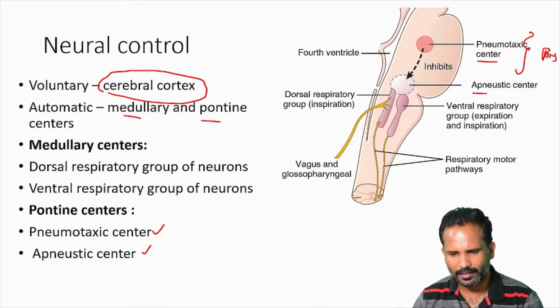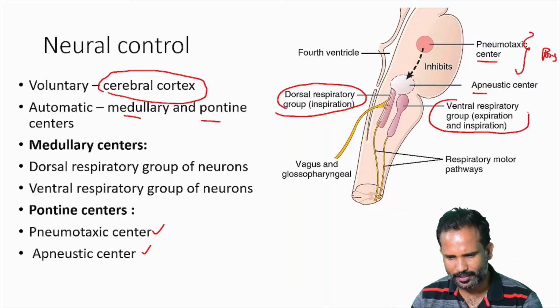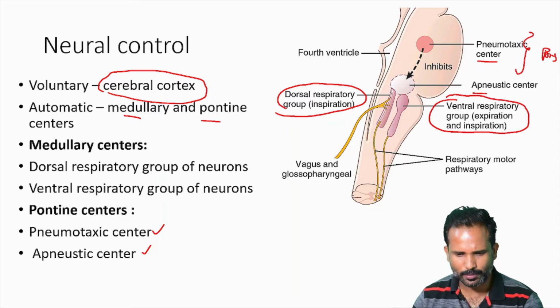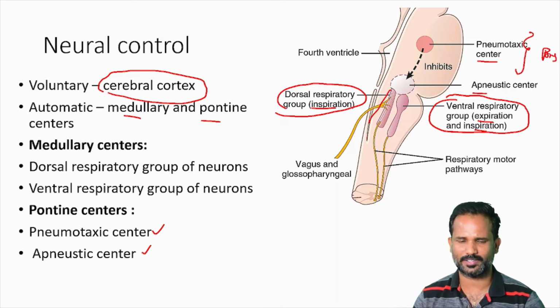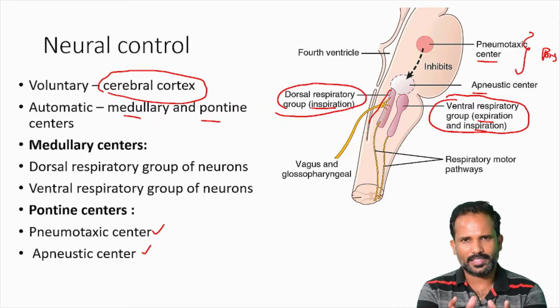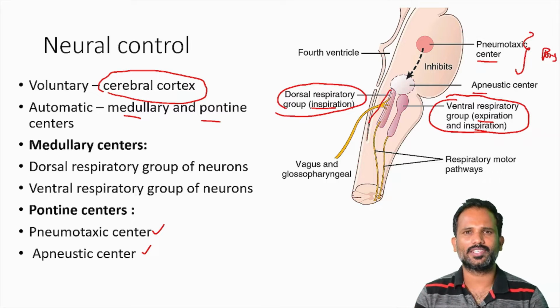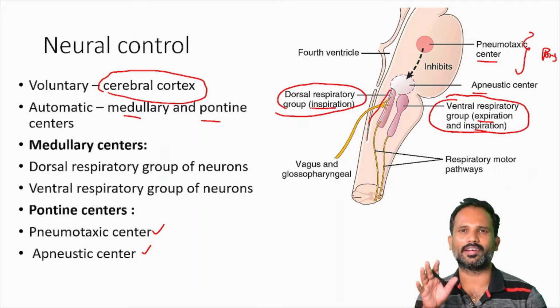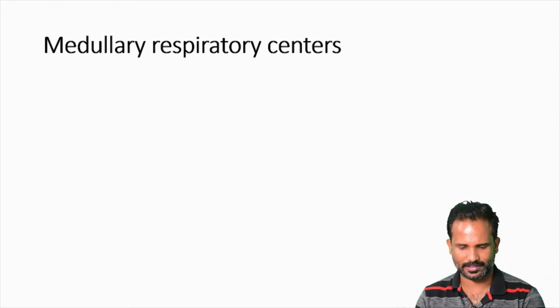And in the medulla we have the dorsal respiratory group and the ventral respiratory group. The dorsal respiratory group is concerned with inspiration, and the ventral respiratory group is concerned with expiration and inspiration. The medullary centers are concerned with generation of the respiratory pattern, whereas the pontine centers will regulate the medullary centers.